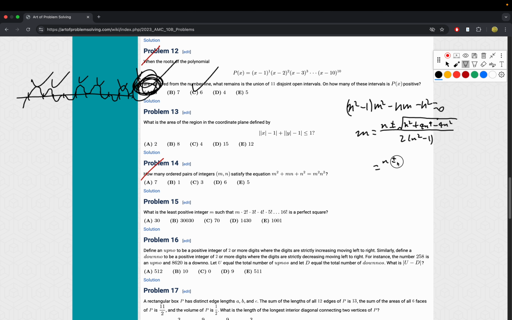This is n plus or minus. Yes, we can write it like this, because n is supposed to be an integer.